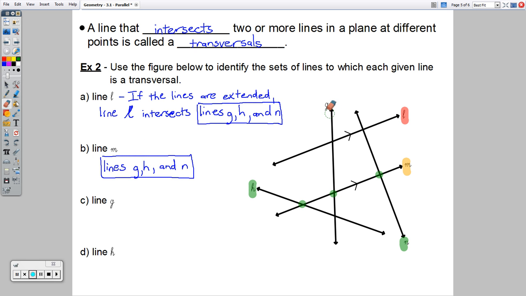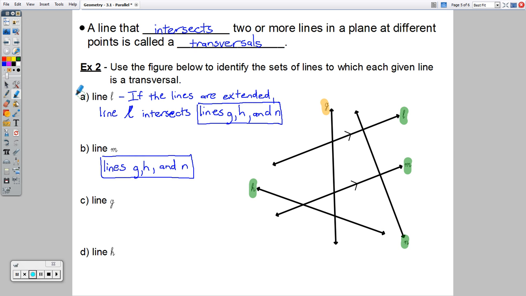Moving on, line G. We already talked about line G, but let's talk about it again, and I'll highlight some things on the picture. So here's line G. Does it cross line L? Yep. Does it cross line M? Yep. Does it cross line H? Yep. Does it cross line N? Well, not in the picture, but if you extended it up here and here, it would cross up here eventually somewhere.